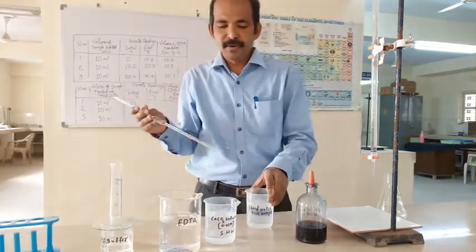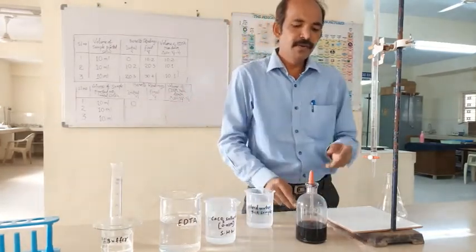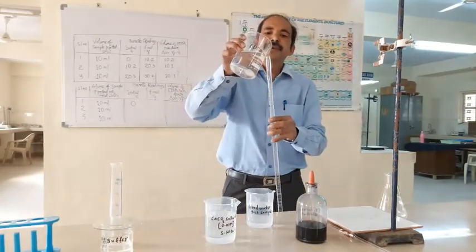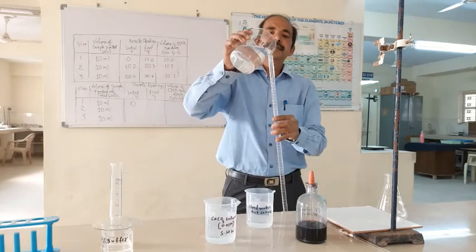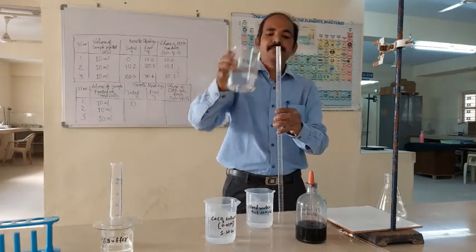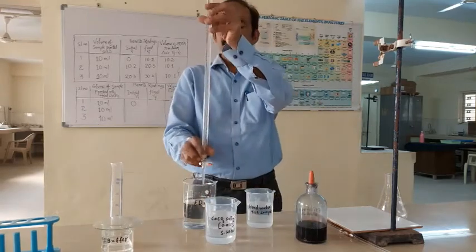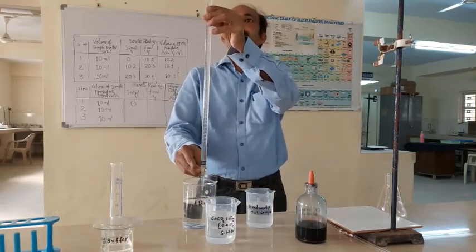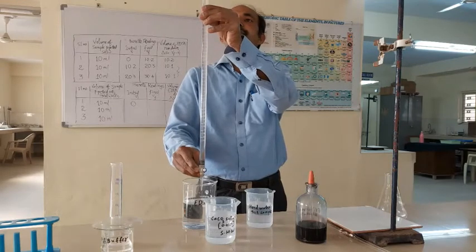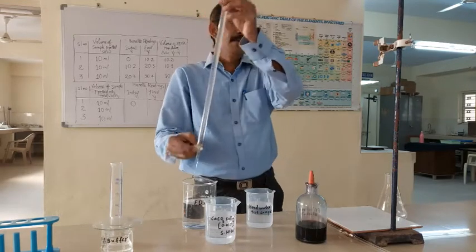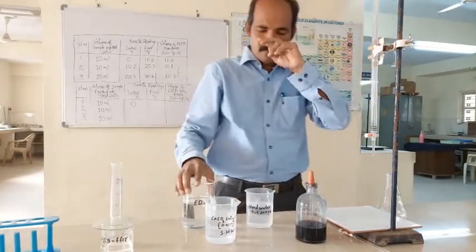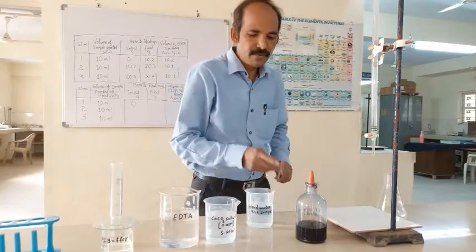Now you are going to prepare 10 ml of hard water. Before that, again you fill the burette up to the 0 level, because we don't know where the value will come. You have to set it to 0. Now you are going to prepare 10 ml of hard water.